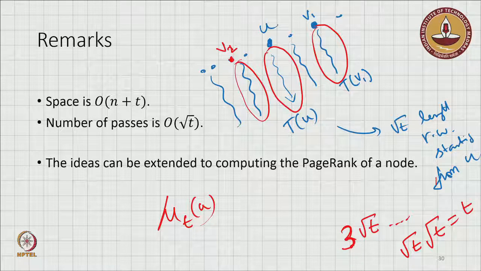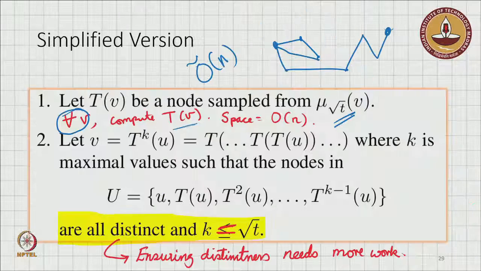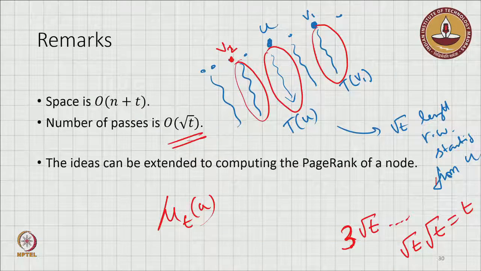Now the issue is this. In so doing, let us say this ends up in a location and it happens to be again v1. We are in trouble because we have already used the random walk starting from v1.